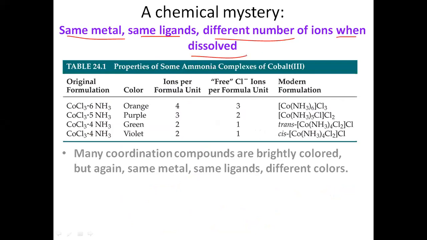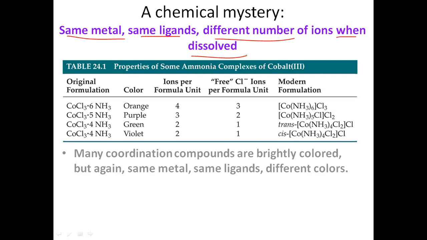That means there is the same metal ion in the complex and the same type of ligand, but their coordination number is different. Due to that, the color will change. That all depends on the oxidation number and the coordination number of these complexes.